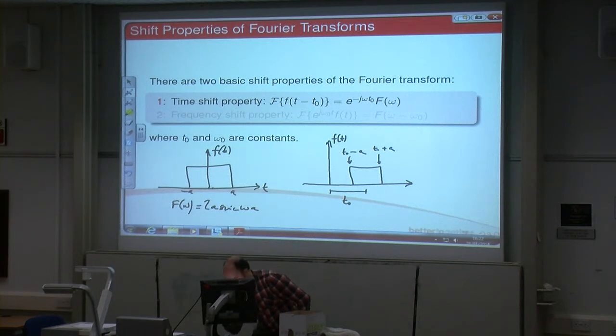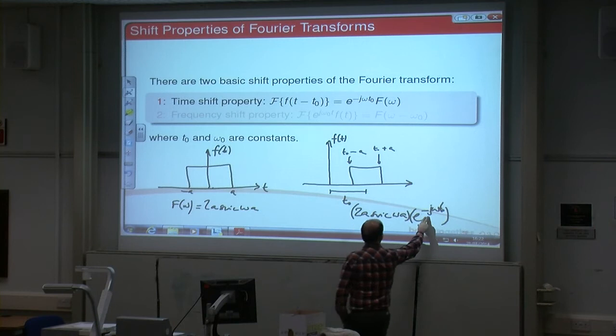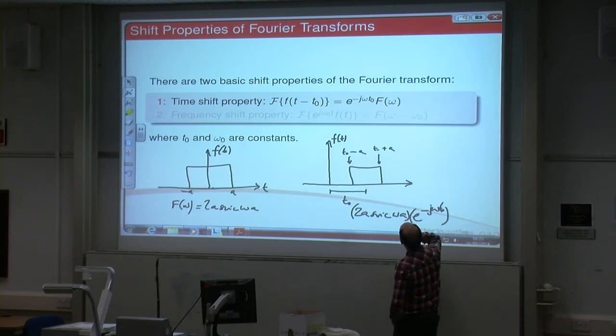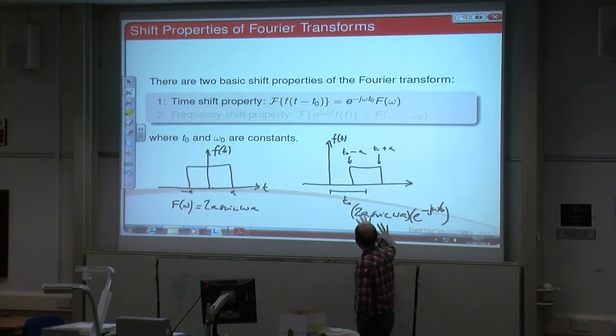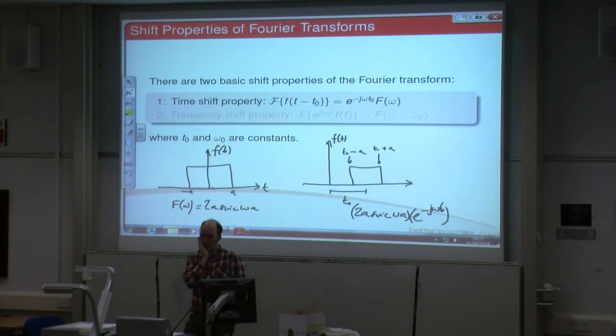So the Fourier transform of the rectangle, you have 2a sinc omega a, but then that's multiplied by e to the minus j omega t naught, whatever t naught ends up being. So it's the same function, but it's shifted across in the time domain.